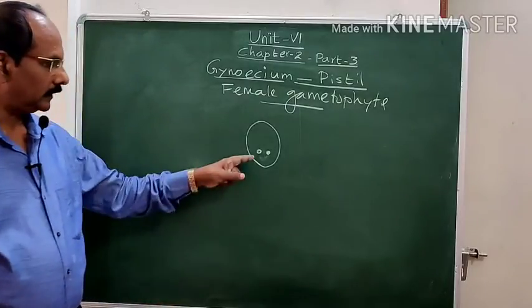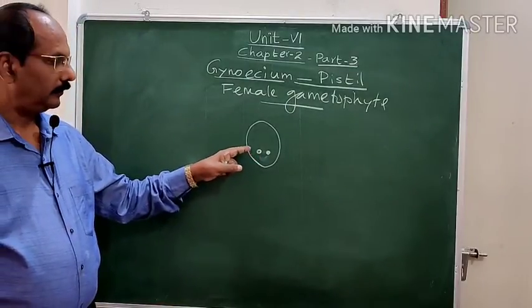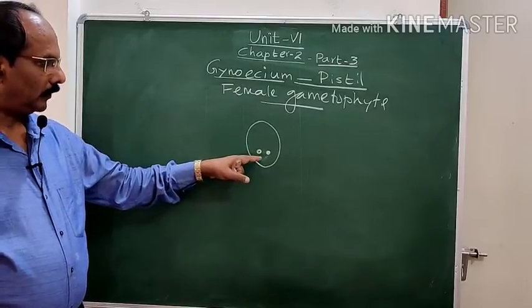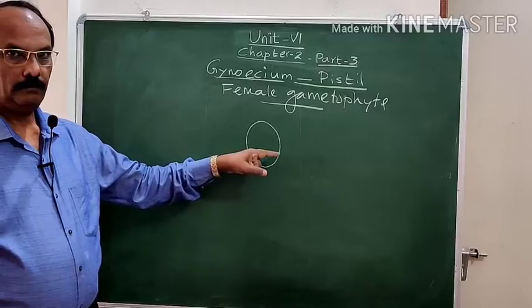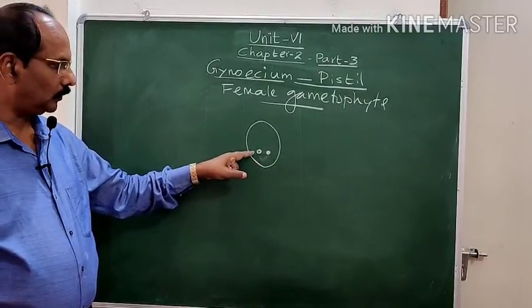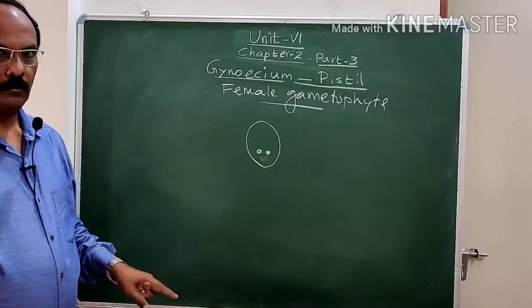See here, it is haploid. The haploid divides by mitosis and not by meiosis. So the nucleus of the functional megaspore divides by mitosis and produces 2 haploid nuclei.